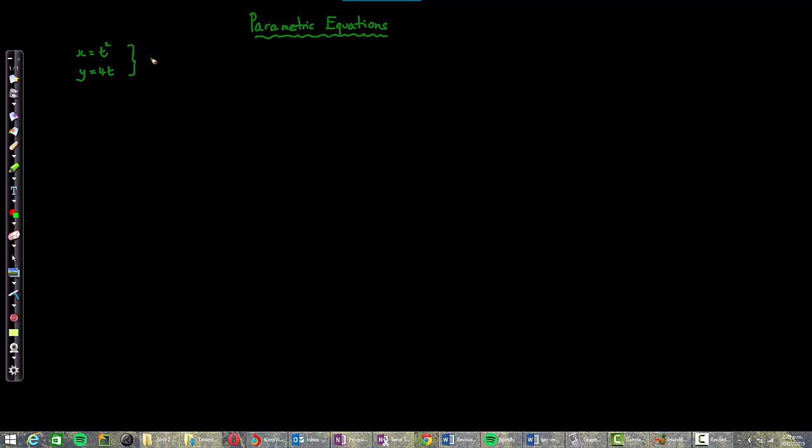Notice they come in pairs. We have one equation that describes the x position and another equation that describes the y position. Now, of course, you could combine these into a single function. So why would you want a pair of functions?